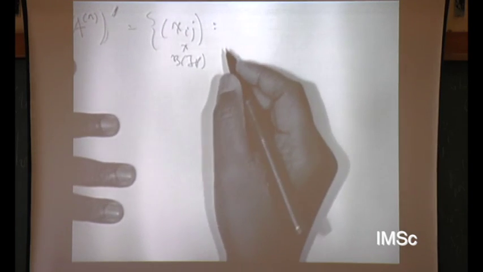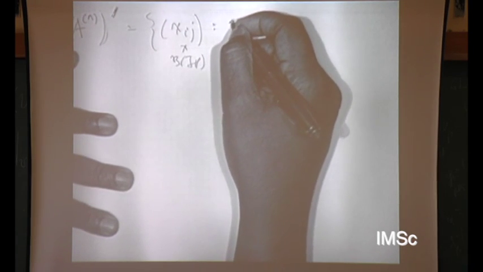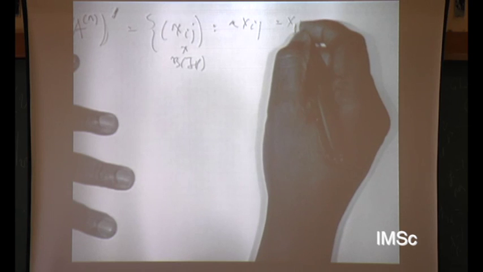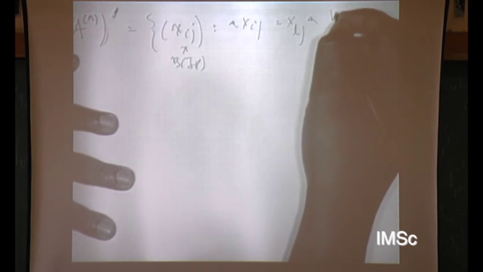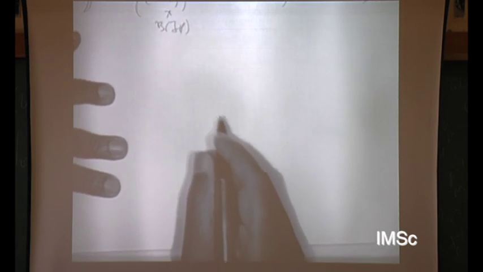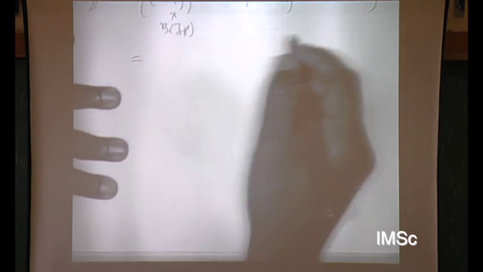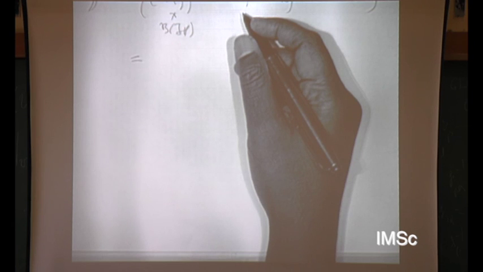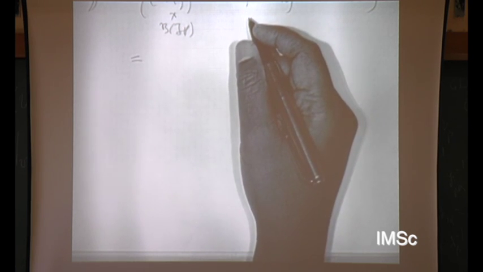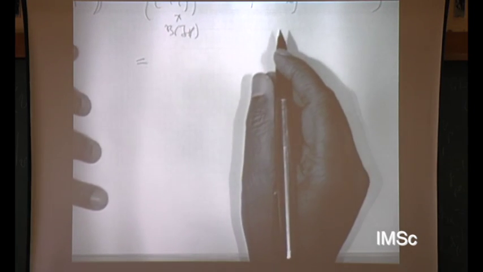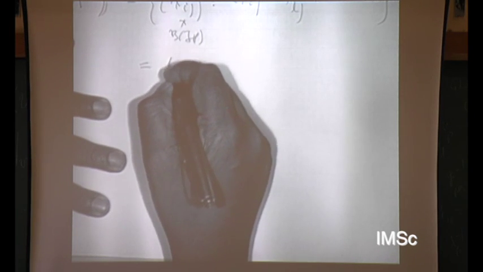A Xij equal to Xij A for all A in 𝒜. Which really means that the Xij's all come from A prime. So this I can identify with Mn of A prime.